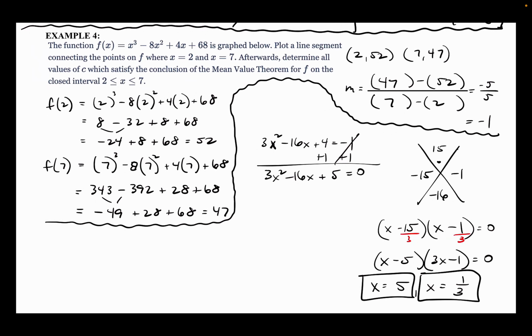Even though I got x, it's c that solves it, that's the value we're looking for. 5 is definitely within the interval. 1/3 is not within the interval, so I'm not going to count 1/3. There's not any continuity issues because it's just a cubic. So you get one value of c, 5.